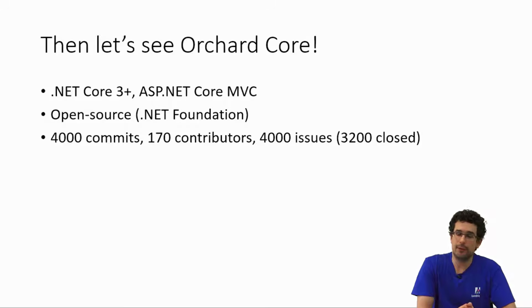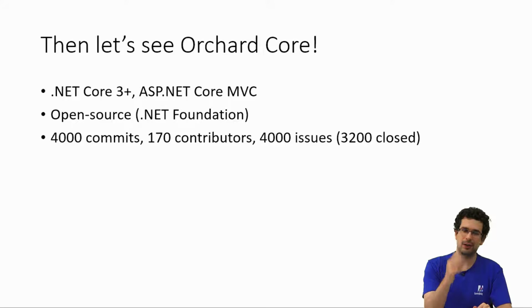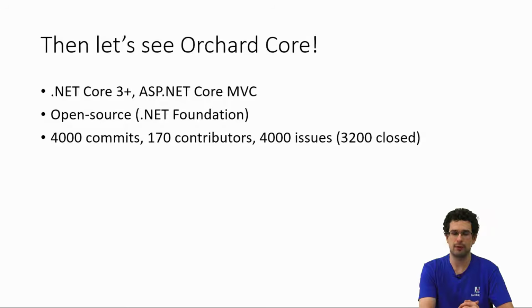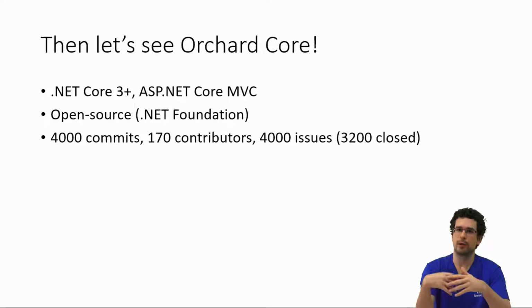And let's see the details of Orchard Core then. What's in there? Well, as said, it's built on .NET Core, the latest version of it. It will also be updated to .NET 5 and later versions, of course. And it uses the MVC paradigm. That's kind of important. Since it's ASP.NET Core, you can also write your middlewares and everything.